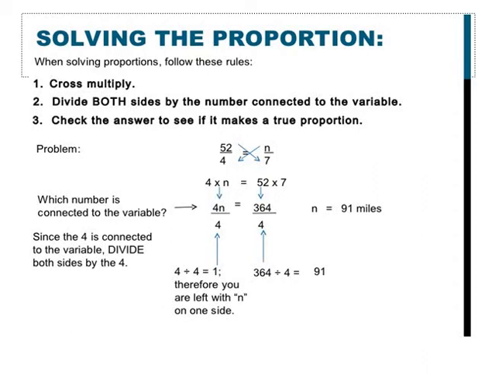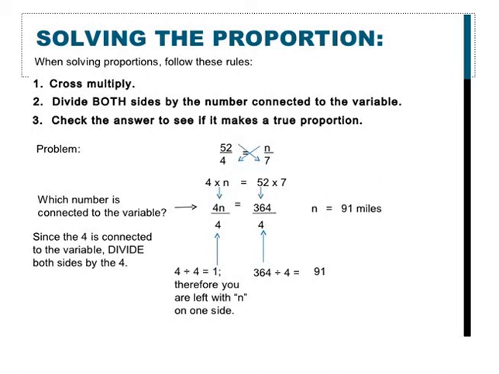Since this is an equation, whatever you do to the left side, you must do to the right side. So I divide again here by 4, here by 4. So n equals 364 divided by 4, which equals 91. So we can find that the missing number is 91.